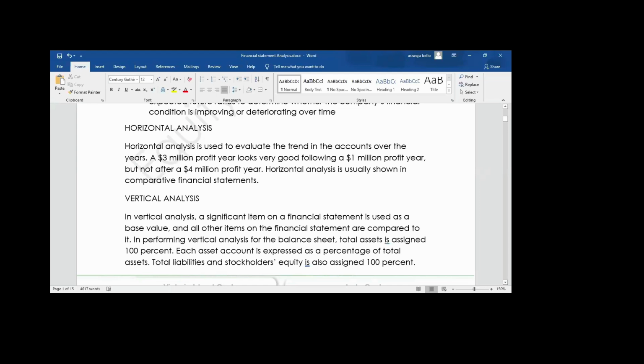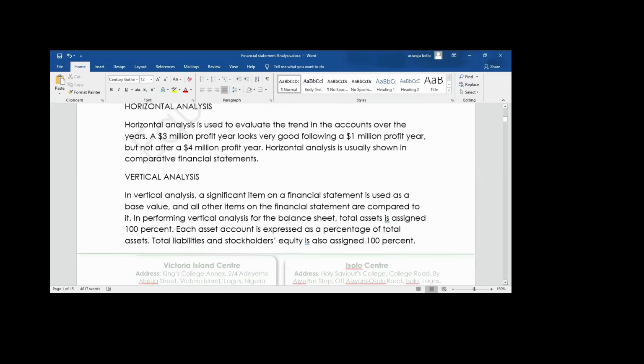I want to know what is the percentage of inventory in our total assets. If you are doing that, you are doing vertical analysis of the financial statement. It is also called common size analysis. Then the third one is ratio analysis.